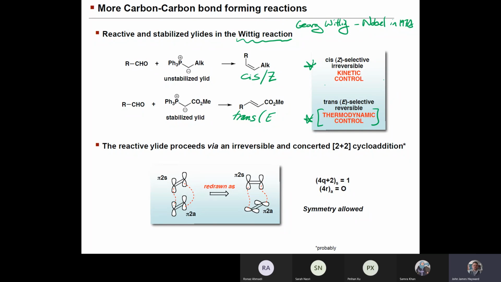However, it seems that it is a 2+2 cycloaddition reaction that has a very weird shape to it. Okay. I'm not going into the Woodward-Hoffmann rules during this course. I would love to talk to you about it some other time.